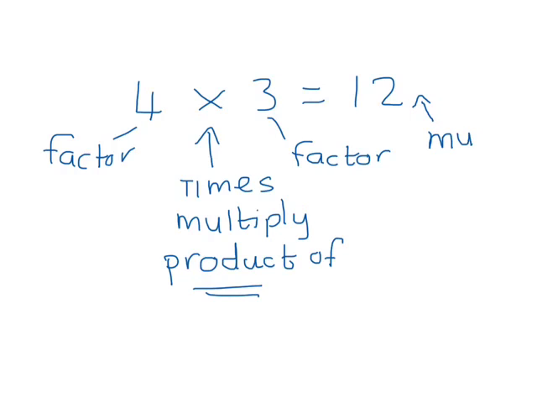So 12 is a multiple of 4, 12 is a multiple of 3, but if we describe it the other way around, 4 is a factor of 12, 3 is a factor of 12. 12 is a multiple of 4 and 3. I like to try and think of it as the multiple is the larger number, the factor is the smaller in the equation here.